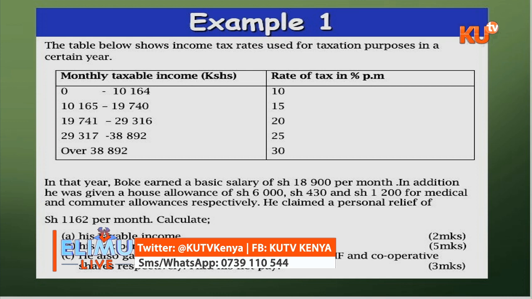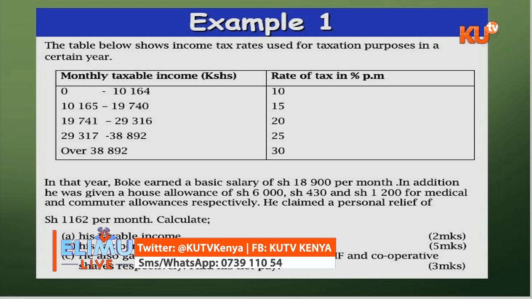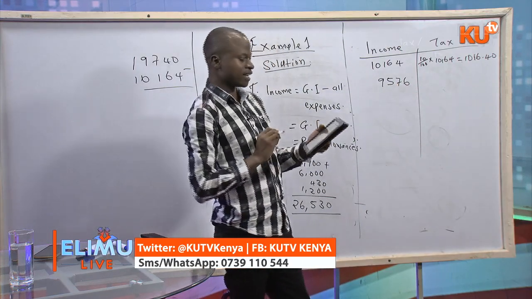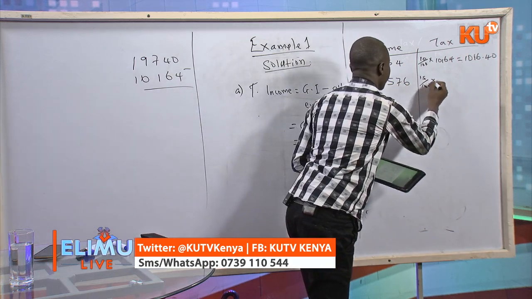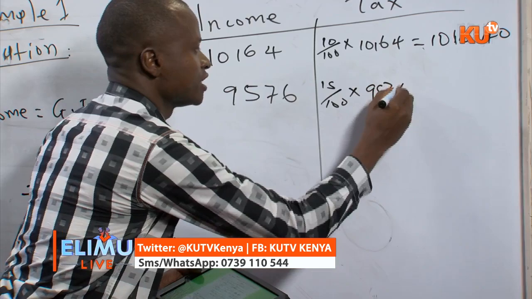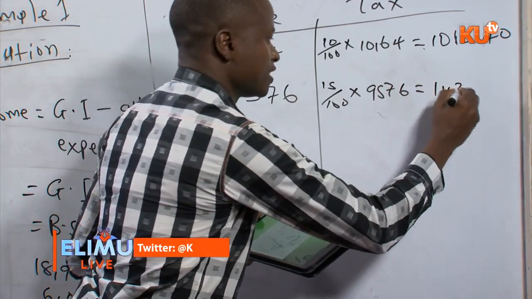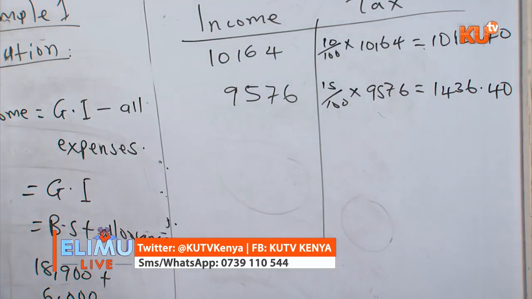You subtract those two to give us the next income here. So if you subtract that, you'll get 9,576. Then what is the rate for that band? That is 15%. So we take 15 over 100 times 9,576. That should give us 1436.40.